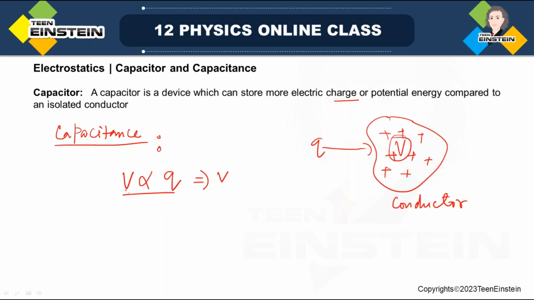So in any case, whenever we get a proportionality relation, to get a quantitative idea, we should get this relation in terms of an equation.